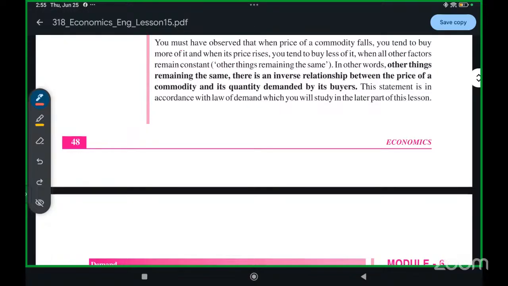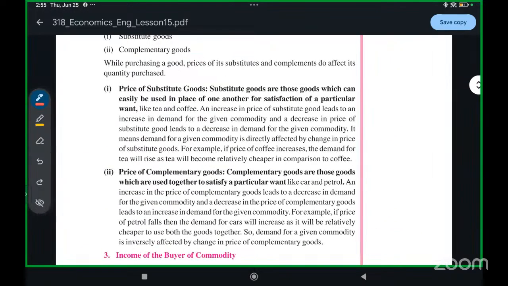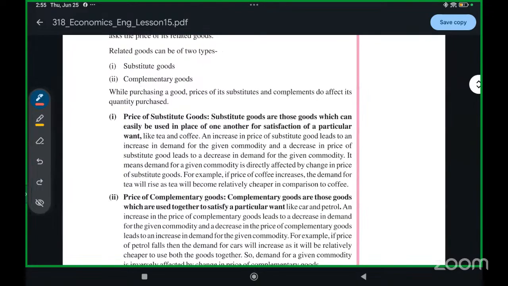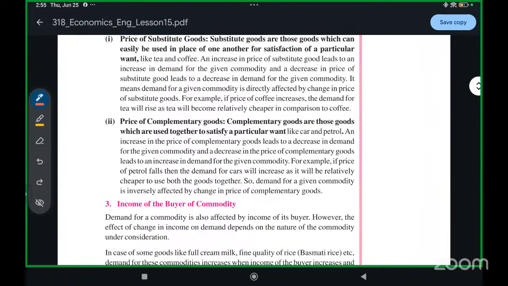Then under the types of goods, we saw two things: substitute goods, those which can be used in place of another, and complementary goods, those goods which are used together.